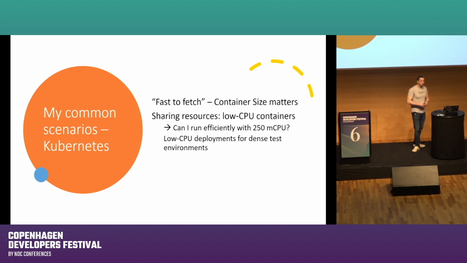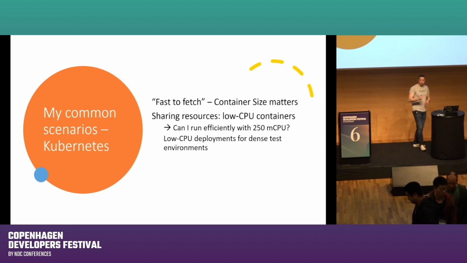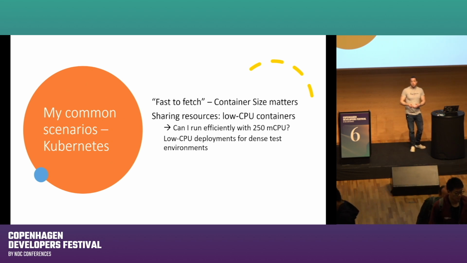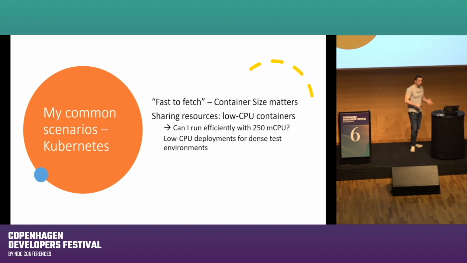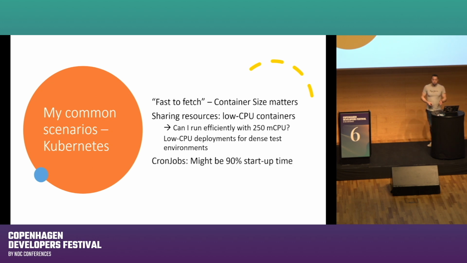Maybe I want to be able to run efficiently on a quarter of a CPU core, like 250 milli-CPU, because that might be enough to make some database calls and do all the regular things. But can I do the actual JITting, the startup, with that amount of CPU? If I have, for example, a cron job, because my platform comes with a scheduler, I might as well use it.